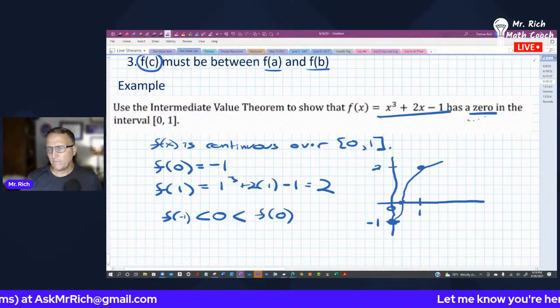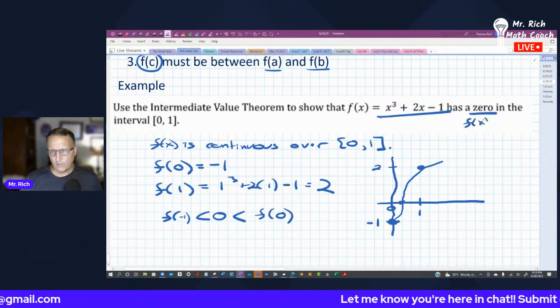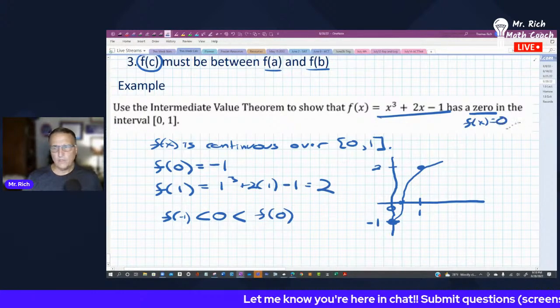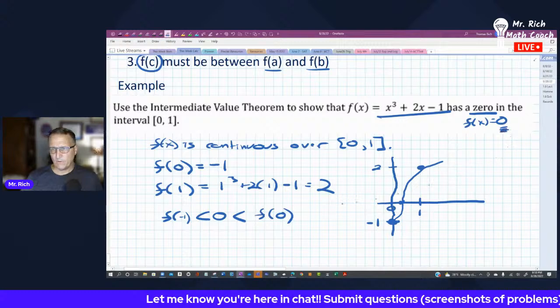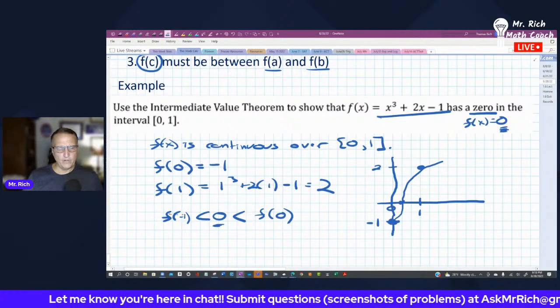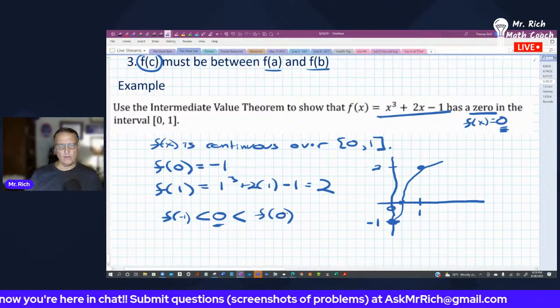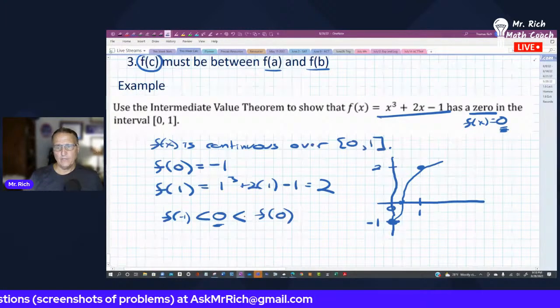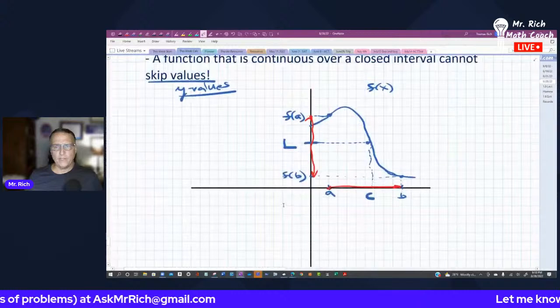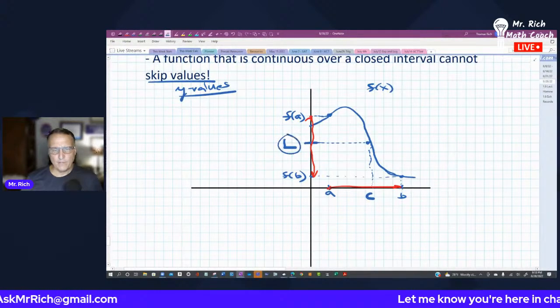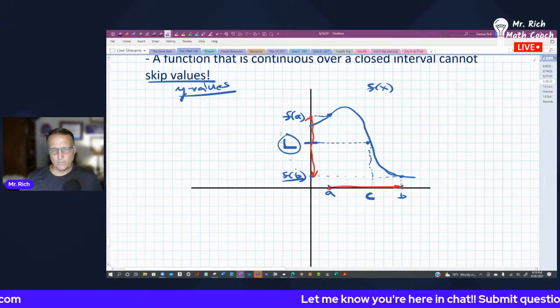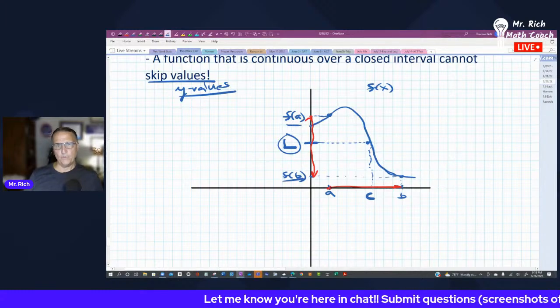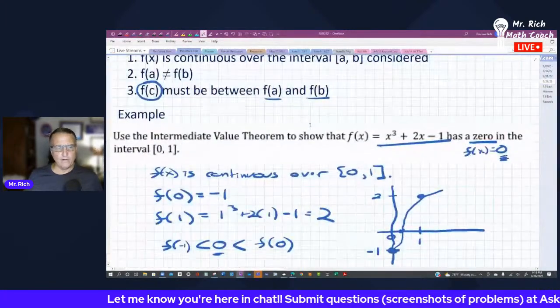Since we're looking for a 0 here, I'm talking about when f(x) is equal to 0. So that number right here, 0, is greater than f(-1) and less than f(0). So it's sandwiched in between. All I'm trying to say is that this number that I'm interested in is sandwiched between those two numbers. That's what my statement is saying right here.